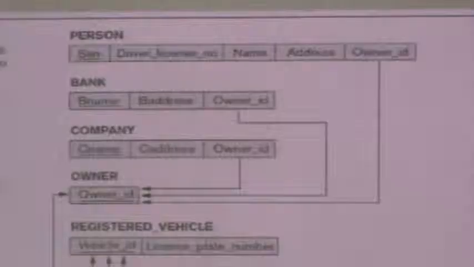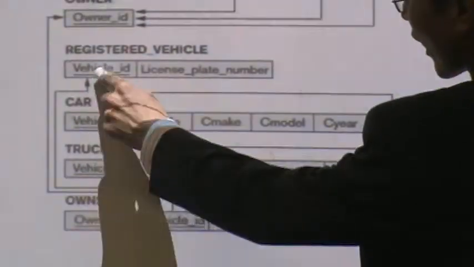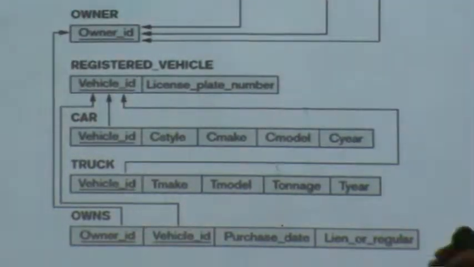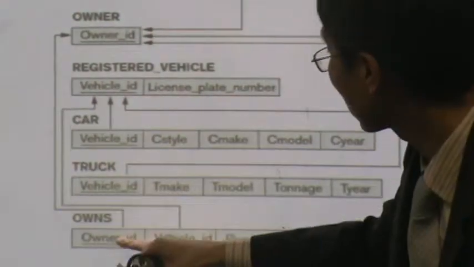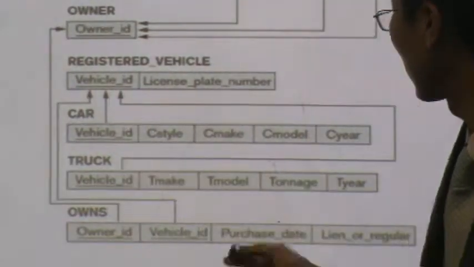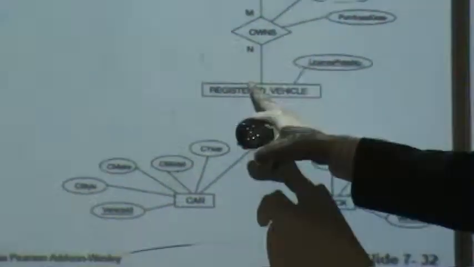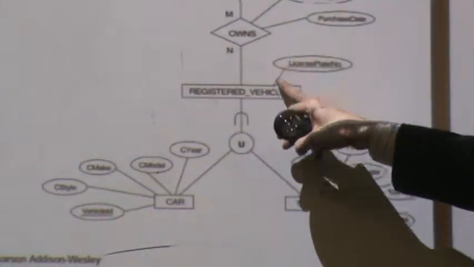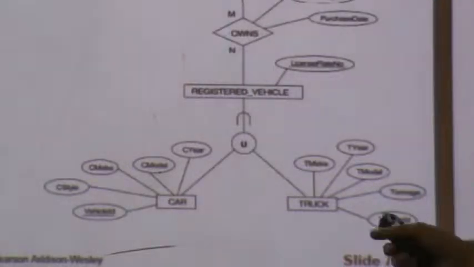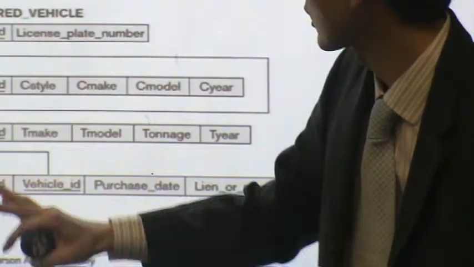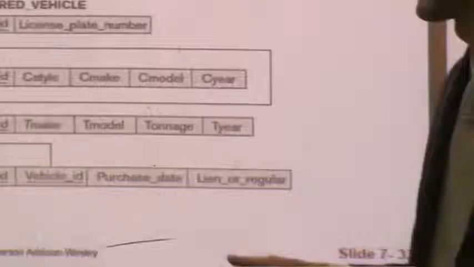And similarly, we can create the vehicle ID. There's a car and truck. So for registered vehicle we can create the vehicle ID. Vehicle ID is also the primary key of the car. That is the reason, primary key of the car and truck.